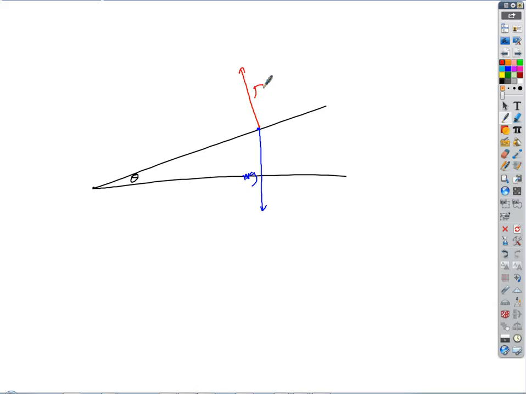But the whole point here is we've got to take gravity and break it up into components, the perpendicular component and the parallel component. Which of these two angles, angle 1 or angle 2, is going to be the same as theta? Angle 1, and we can tell because that's a small angle and that's a big angle. But it's difficult to tell if you make it close to 45 so they look the same.